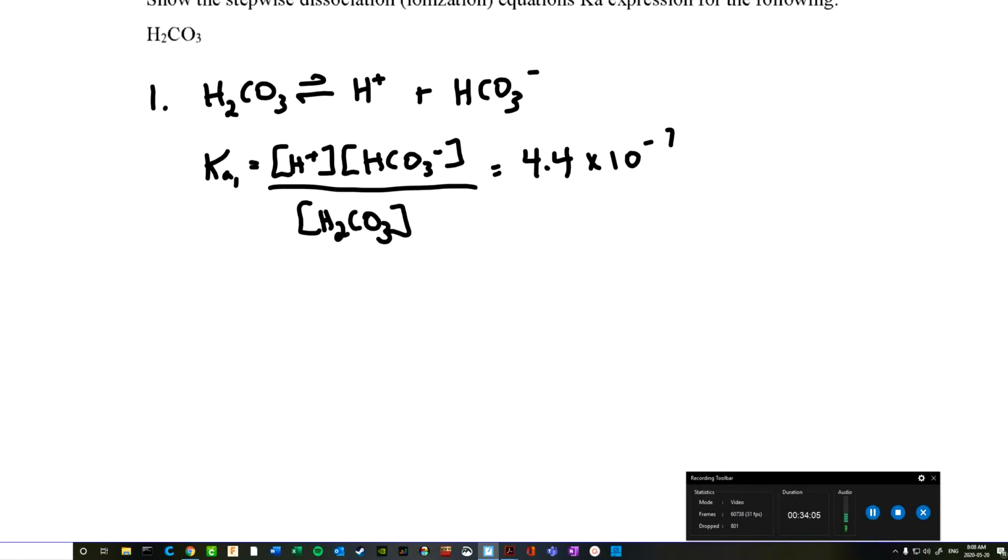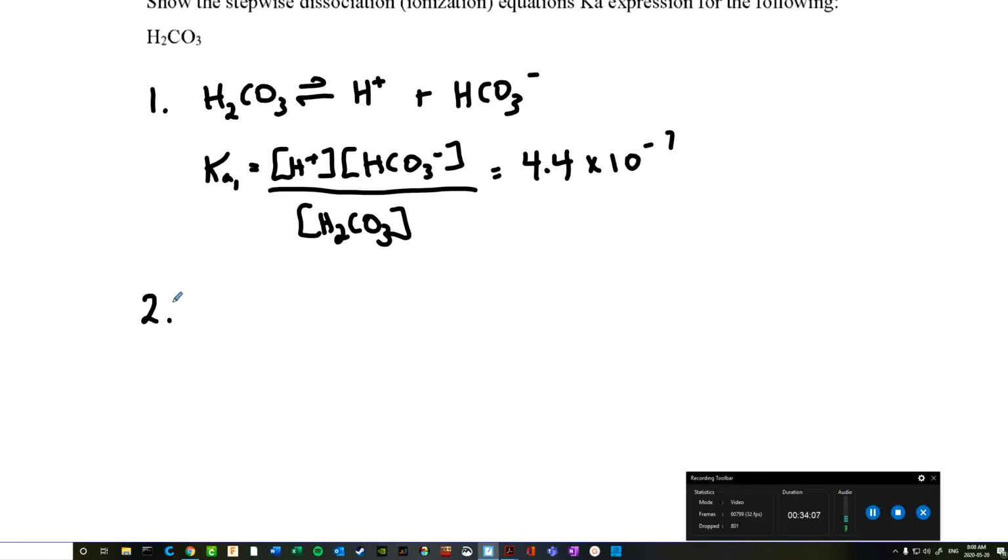Now for step 2, we're going to start with this and break it apart. So it's going to lose that hydrogen, and then it's the carbonate ion, which has a -2 charge. Again, you can always refer back to your Ka chart to figure out these products.